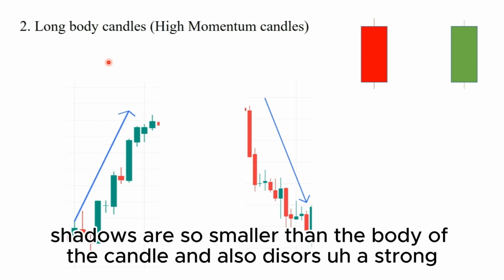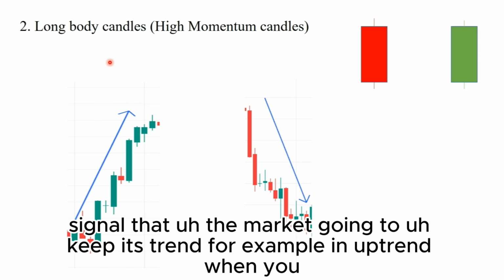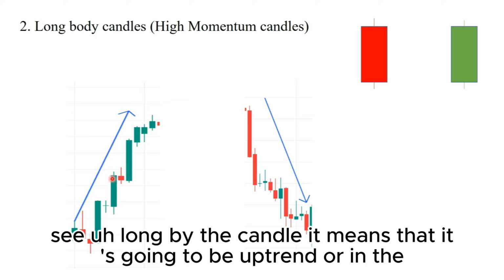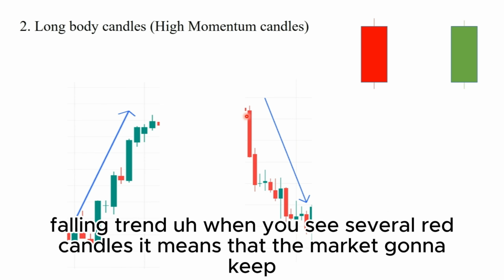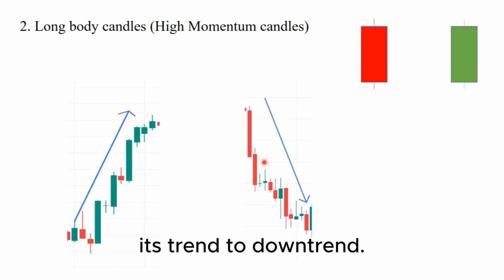These are a strong signal that the market is going to keep its trend. For example, in an uptrend, when you see long body candles, it means that it's going to stay an uptrend. Or in a falling trend, when you see several red candles, it means that the market is going to keep its trend to the downtrend.